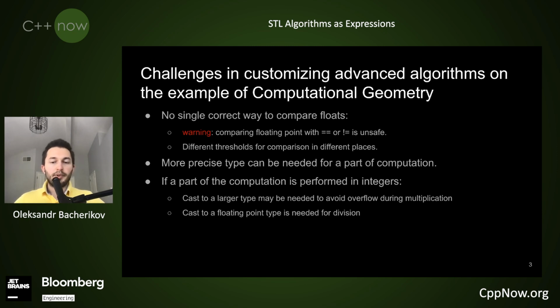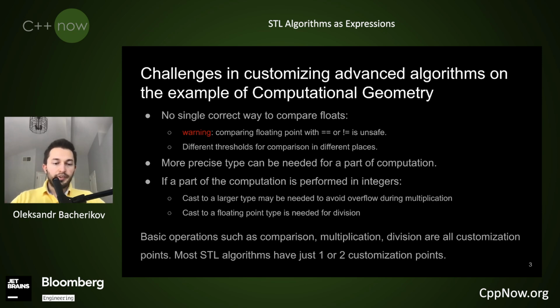So in case you're using integers, you have to be careful to avoid overflows, especially during multiplication. And you may need to cast to a larger int type. And when you perform division, likely you need to get a floating point result, so you need to cast before that.